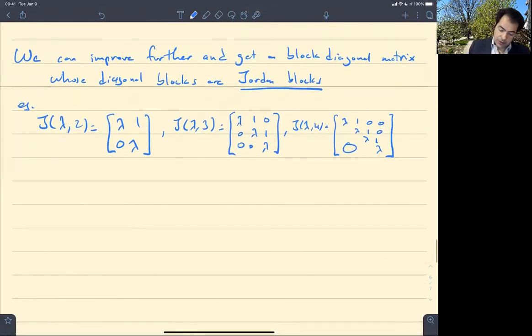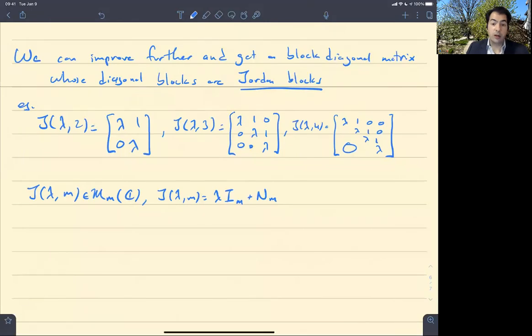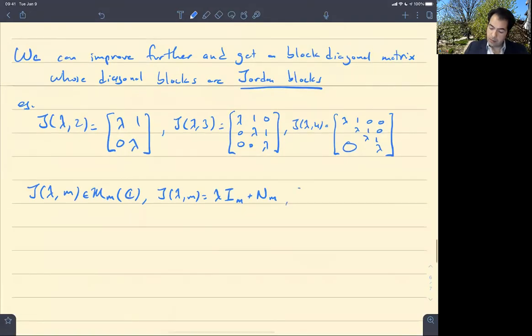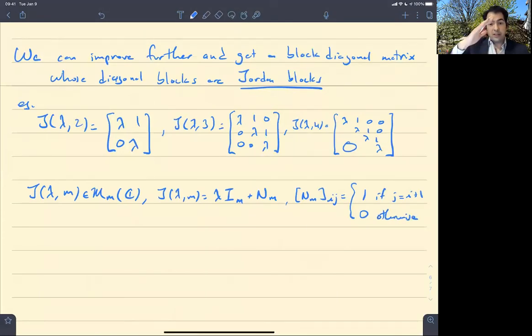In general, J lambda m is an m by m matrix with complex coefficients, equal to lambda times the identity of size m by m plus what I'm going to call nm, where nm has ijth entry 1 if j is equal to i plus 1, and 0 otherwise. Right. So it's just ones on the diagonal immediately above the actual diagonal, and zeros everywhere else.